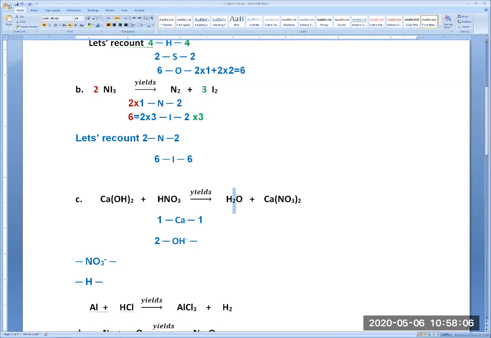Let's write it here. H2O can be seen as H bonded to OH, right?